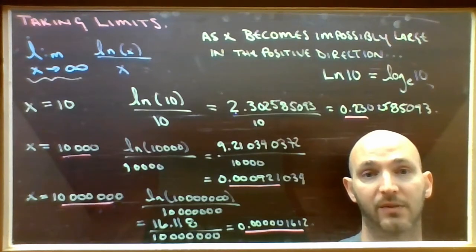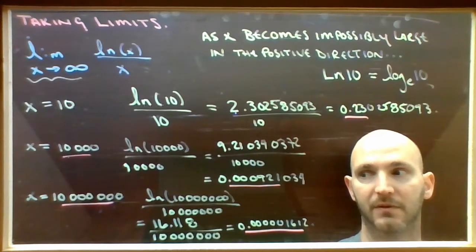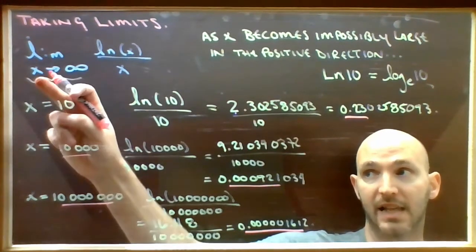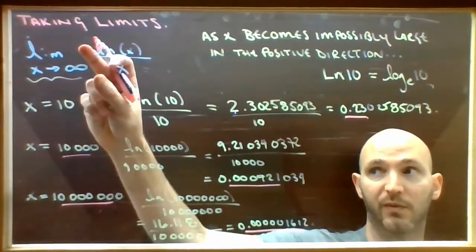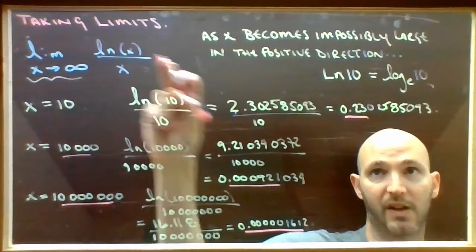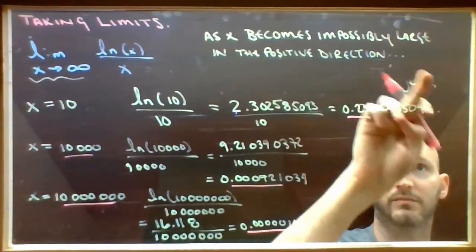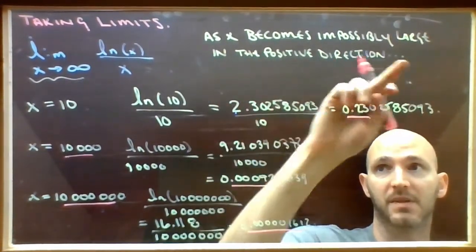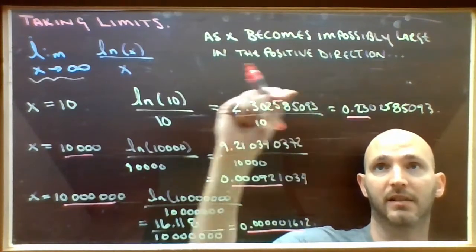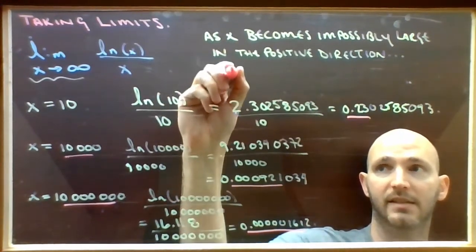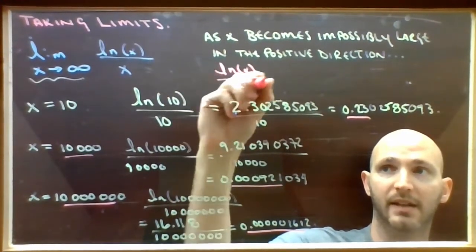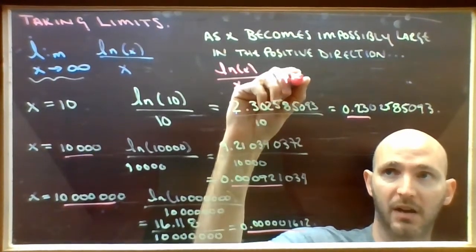They're dropping down to 0, and they're doing it from above. So that's the answer for this question. The limit as x gets impossibly large, for this particular configuration of functions, ln x over x approaches 0 from above.